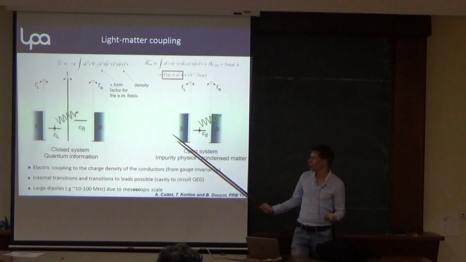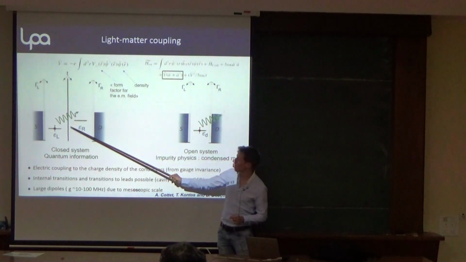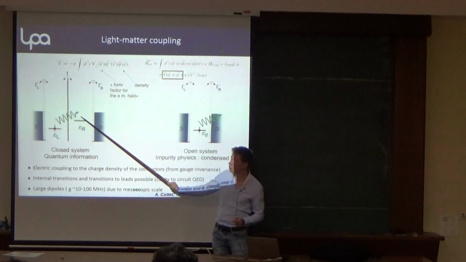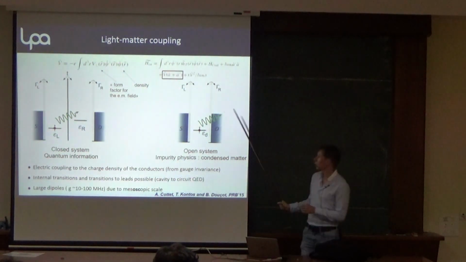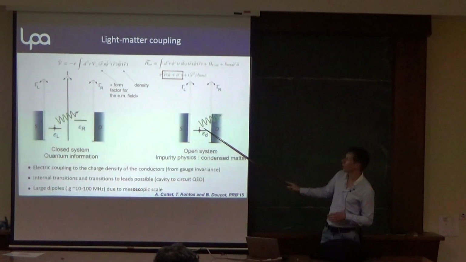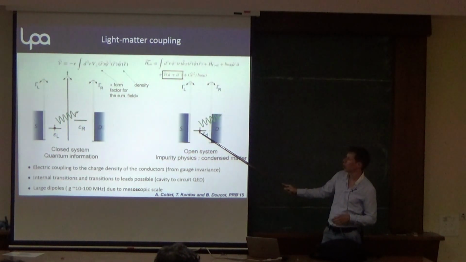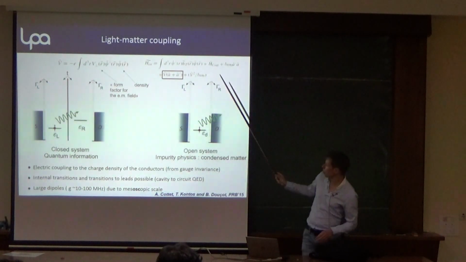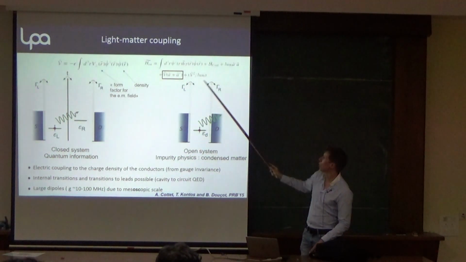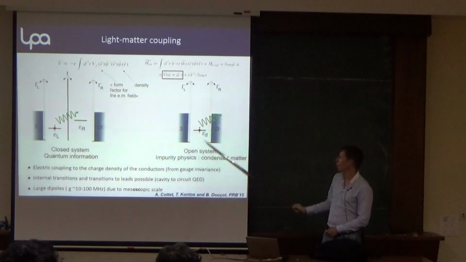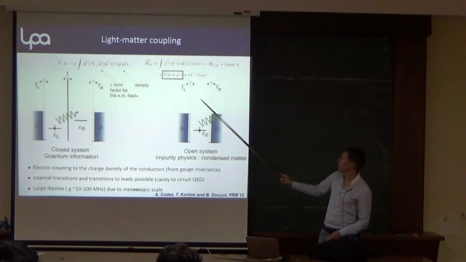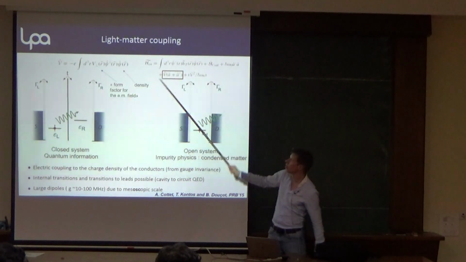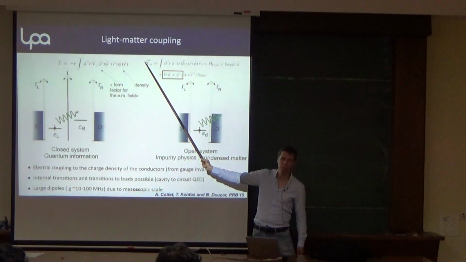And essentially in this kind of system, I can do two things. In the closed system, I can induce with the photons a transition between the left and the right, essentially. And in the open system, I can study transitions between the dot and the leads. And this is how we describe the electrical coupling of all these systems to the cavity. Essentially, it's a density-electric field type of coupling.